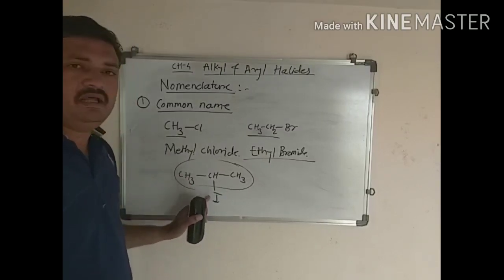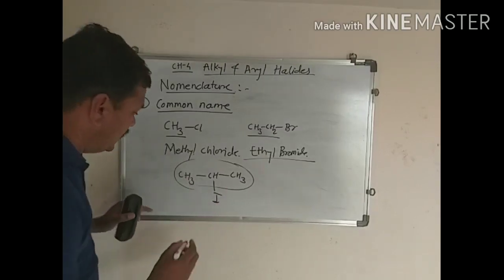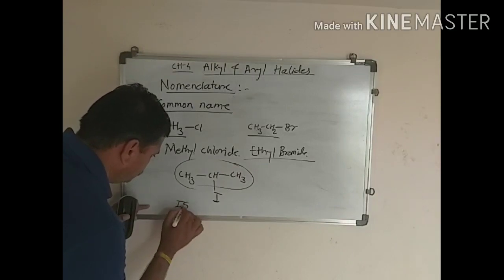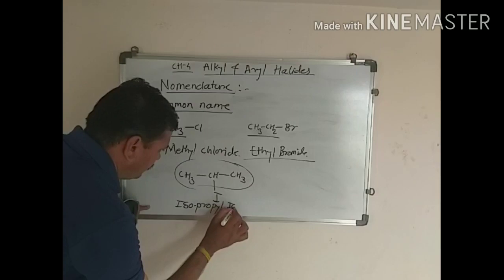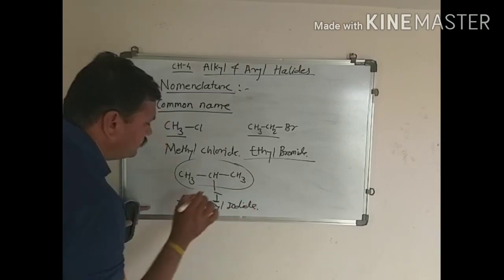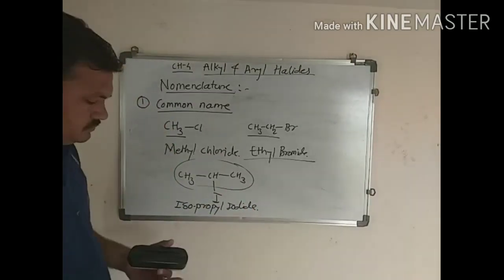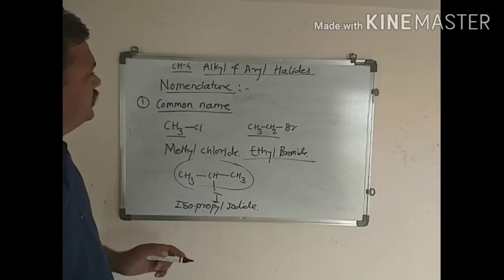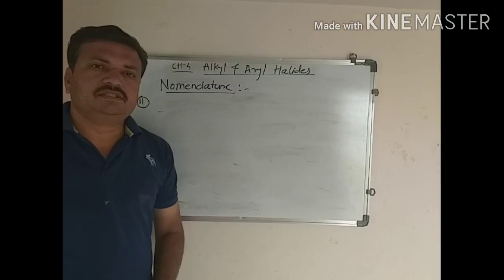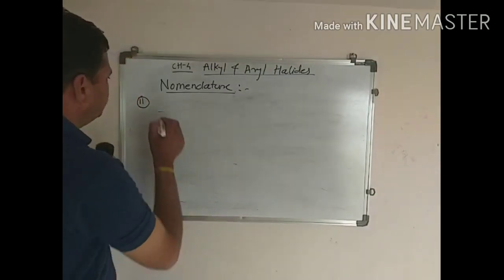Therefore, its common name is isopropyl iodide. Okay. These are the examples of common names. The second nomenclature system is IUPAC nomenclature system.